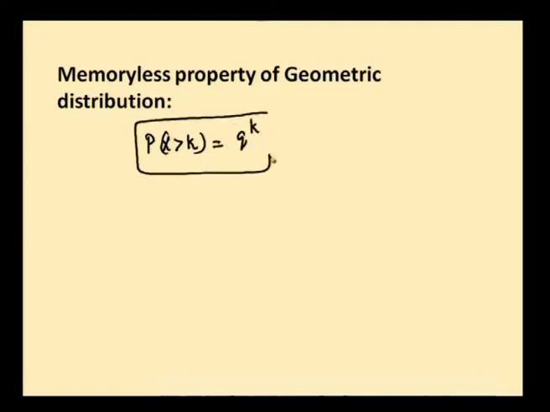We are going to utilize this for proving the memoryless property. So, first we will take the left hand side of the memoryless property, that is P of x greater than m plus n given x greater than m.